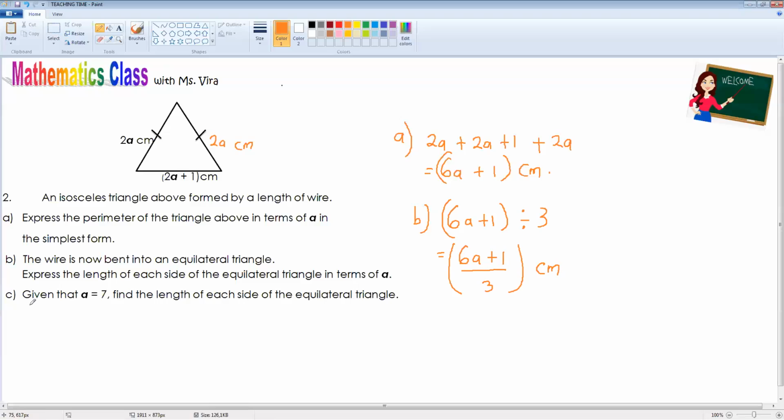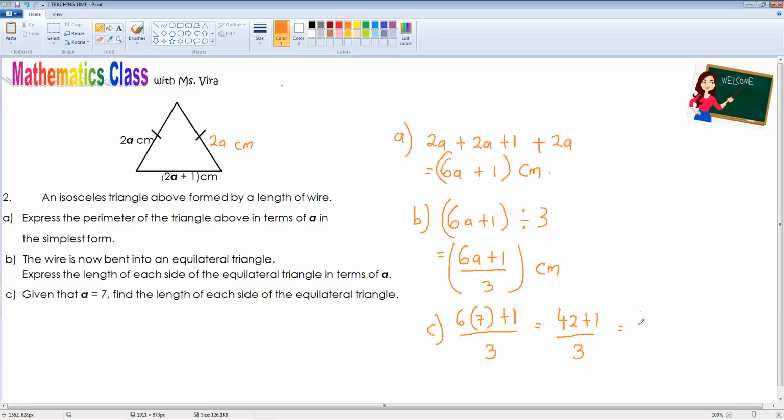And then question C, given that a is equal to 7, find the length of each side of the equilateral triangle. So right away, we just exchange a into 7. So here, 6 times 7 plus 1, over 3. So it will be 42 plus 1 divided by 3.